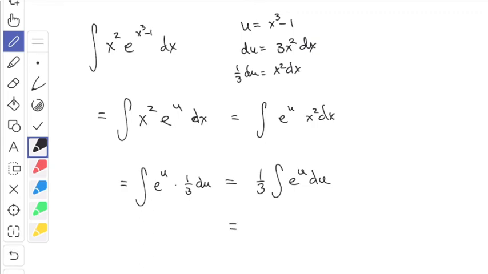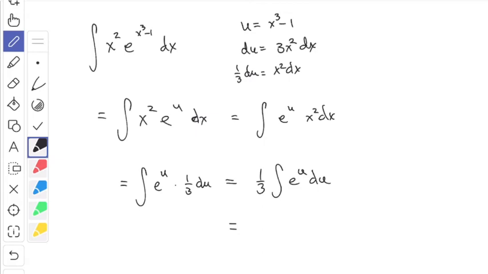Now we can finally do the antiderivative. What do you get after doing the antiderivative? I'm not sure.